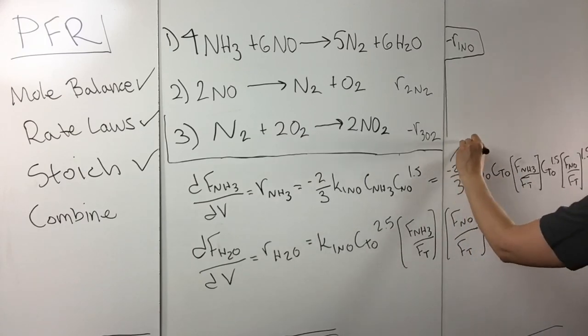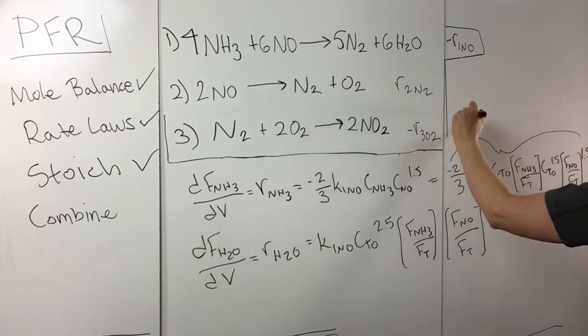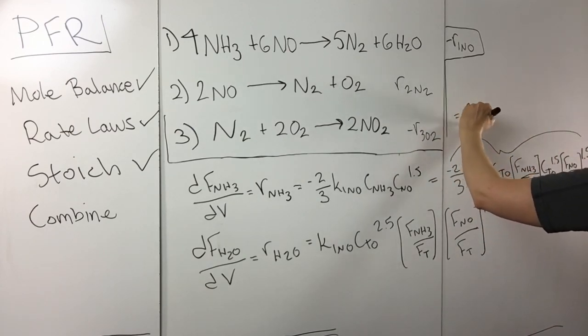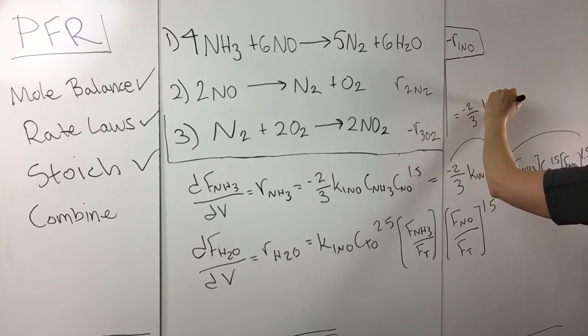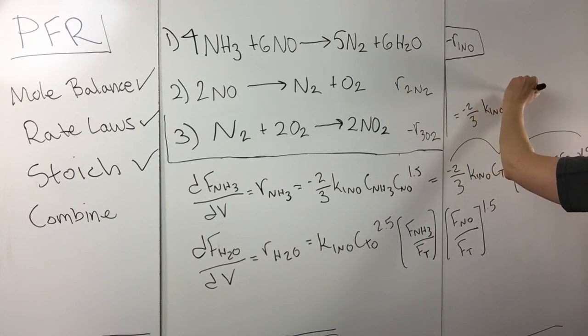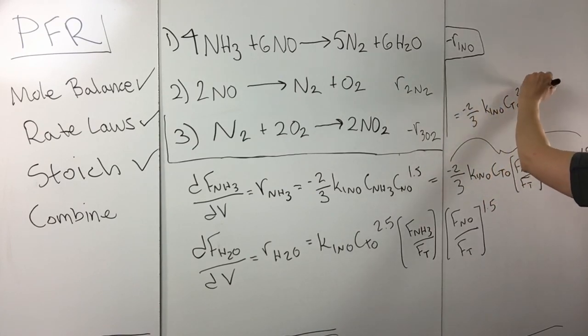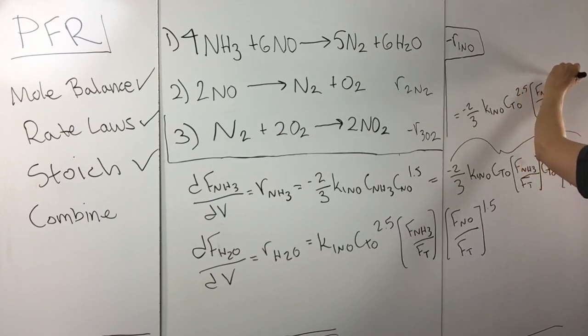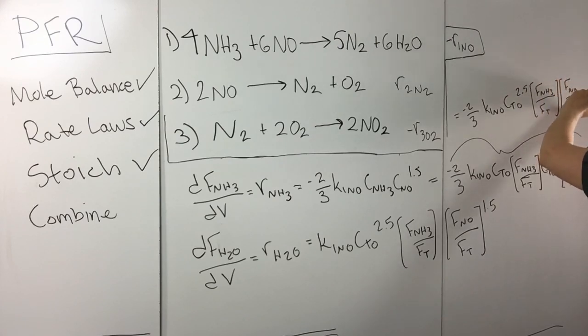You could combine this a little more too, so you could combine the CT naughts, so you have minus 2/3 K1NO CT naught to the 2.5 FNH3 over FT, FNO over FT to 1.5. So you can kind of quickly see why you need a solver to solve these equations.